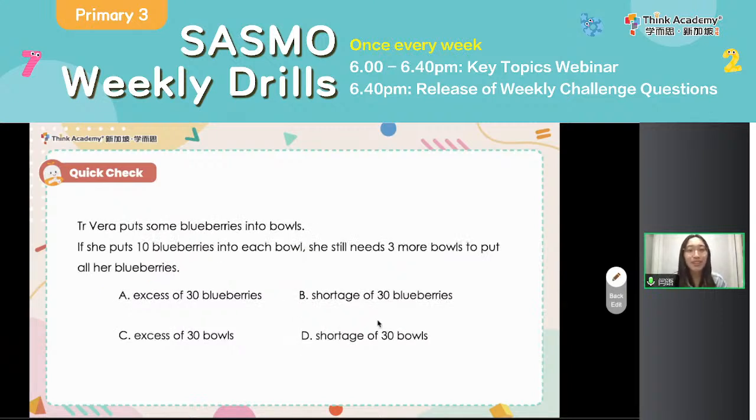Teacher Vera puts some blueberries into bowls. If she puts 10 blueberries into each bowl, she still needs 3 more bowls to put all her blueberries. So what kind of information we can get here? A, B, C, D, which one?